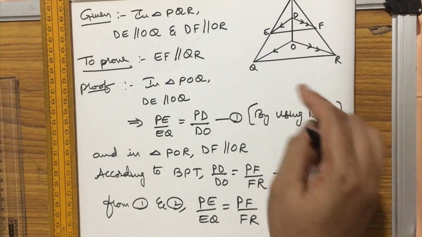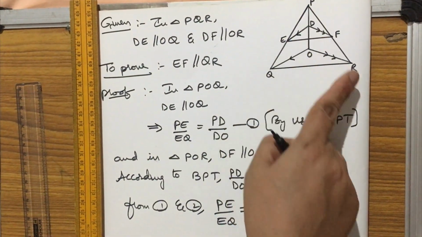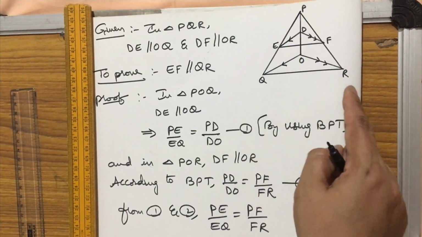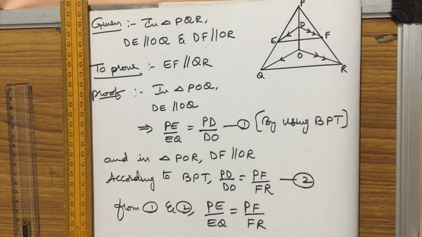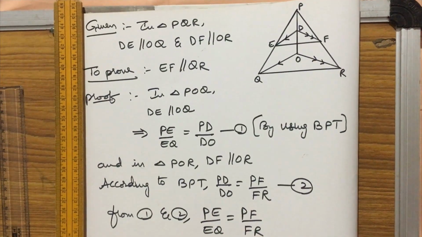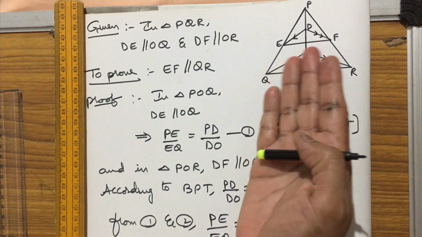So, look at this figure. PE by EQ is equal to PF by FR means, what does it mean? In this triangle PQR, these sides are divided in the same ratio. It means by using the converse of BPT, what can we say? If a line divides any two sides in the same ratio, it is parallel to the third side.